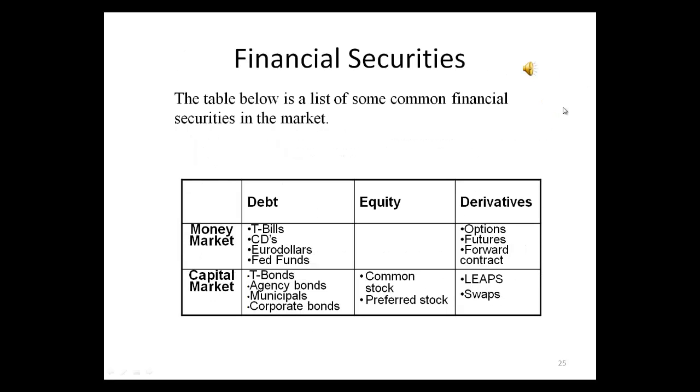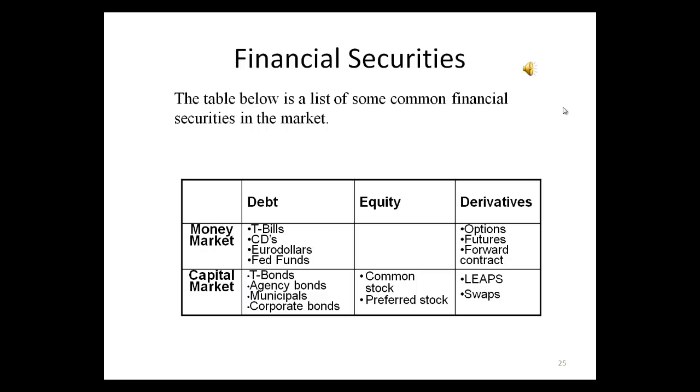So what kind of instrument or financial securities can the capital users use to raise capital? In the market, we have different kinds of financial securities. If you take a look at this table, you see we have debt security, equity security, and we also have derivatives. And usually they are divided into money market securities and capital market securities.